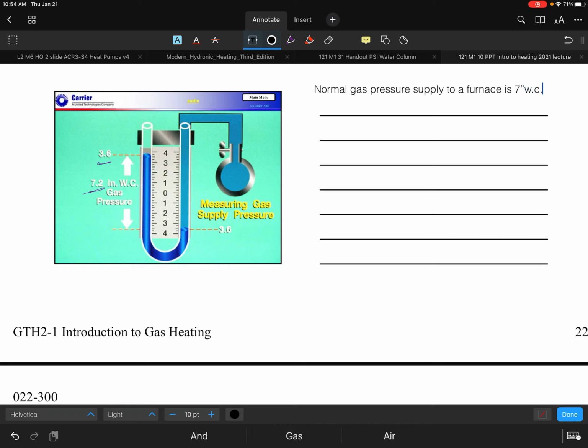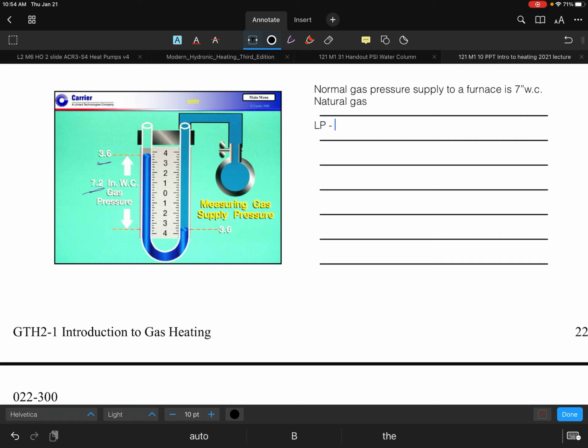Water, W series, period. There we go. That's my typical normal amount. And that's obviously for natural gas.